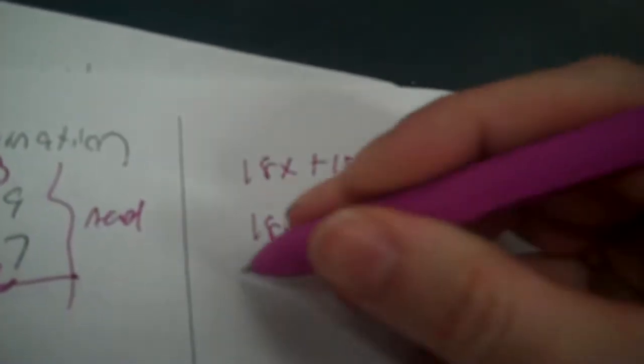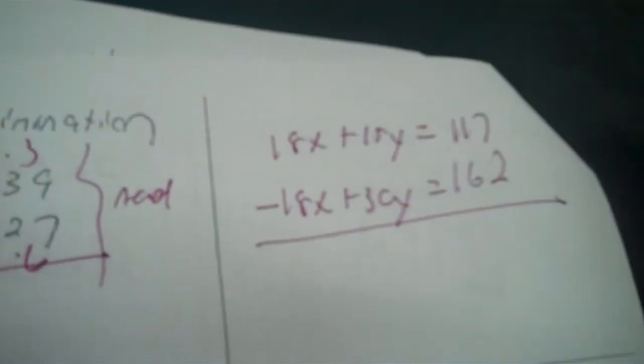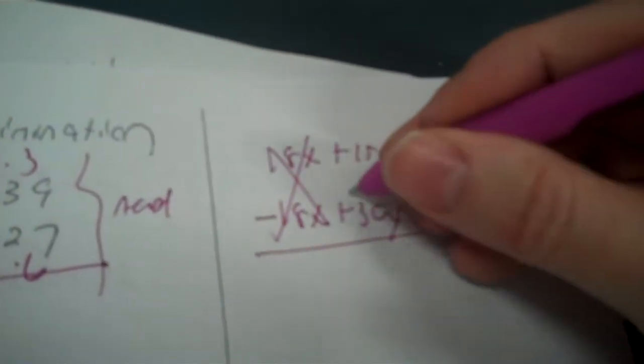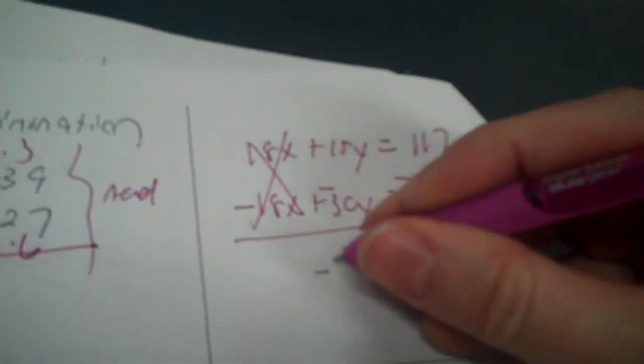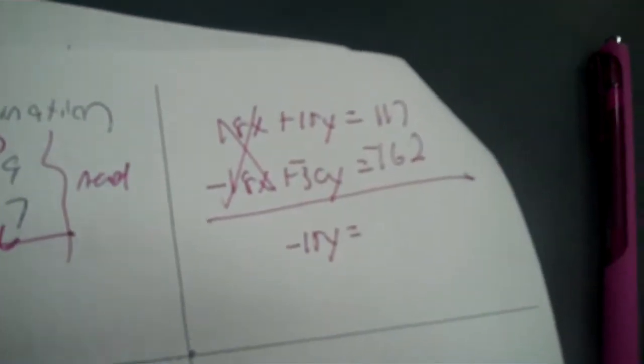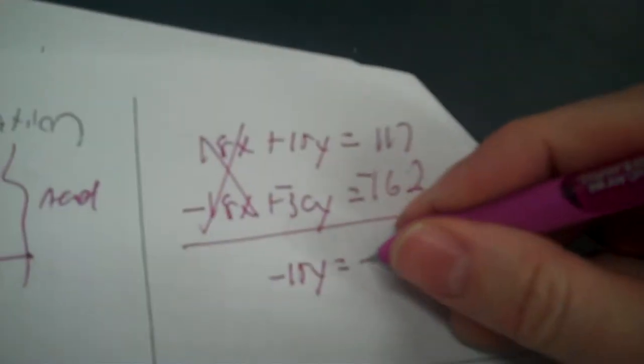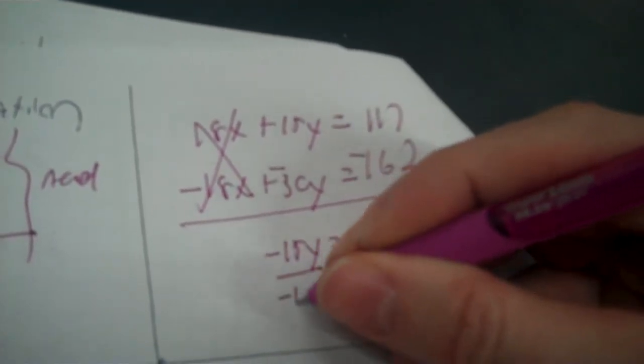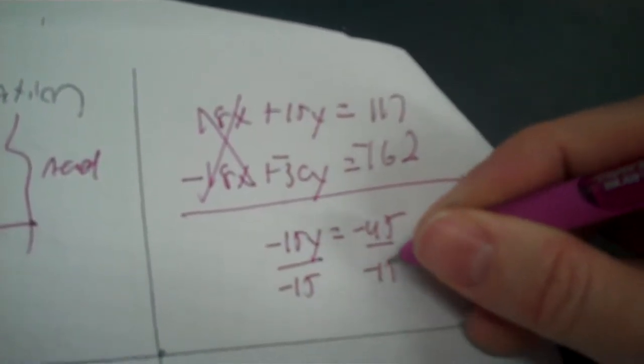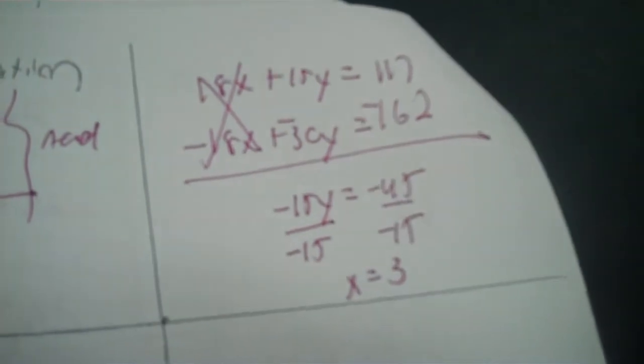Now if you add them, they're still not going to be 0, but if I make that negative, they will be. And then the 30 is negative, and the 162 is negative. And I add them. 15 plus negative 30 is negative 15y. 117 plus negative 162 is negative 45. Then I divide, and I get 3, okay, for y, not x.